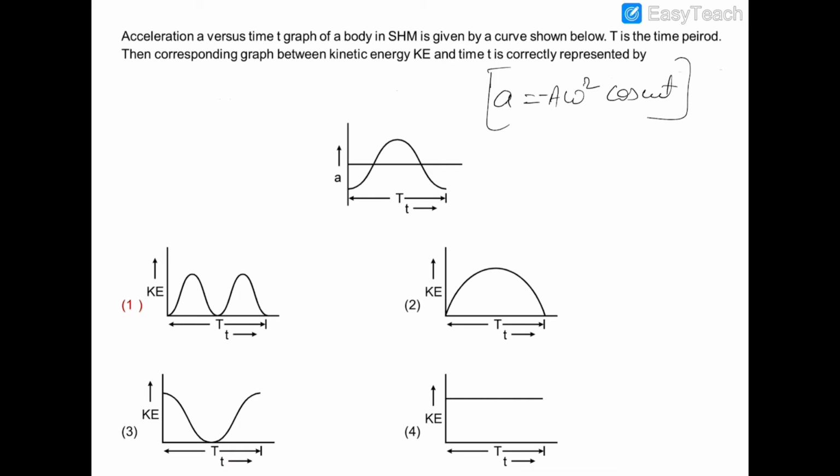So if the velocity is a function of sin omega t, then the kinetic energy would be a function of sin square omega t. So I can say that the correct answer would be option number 1, because we all know the graph of sin square omega t is like option number 1. Now let's move on to the next question.